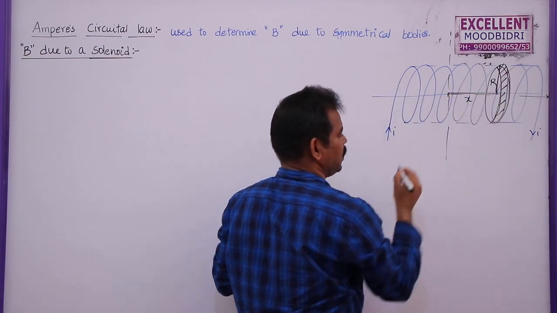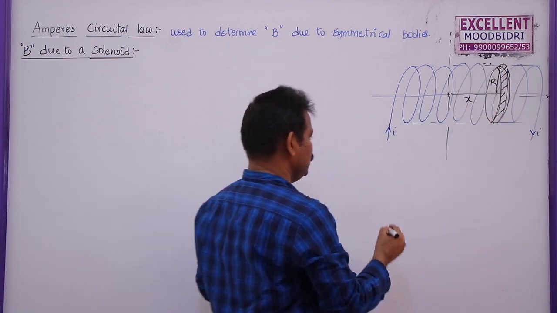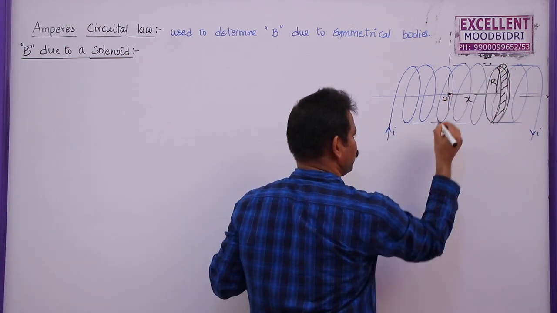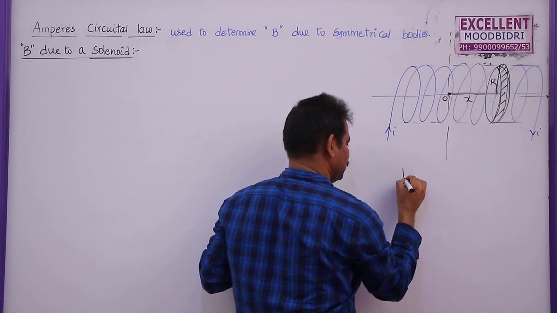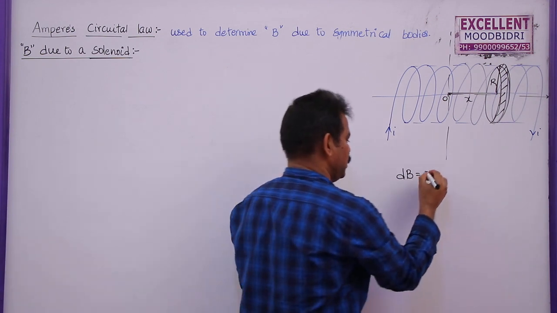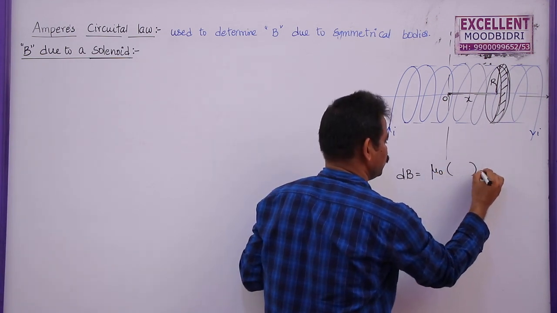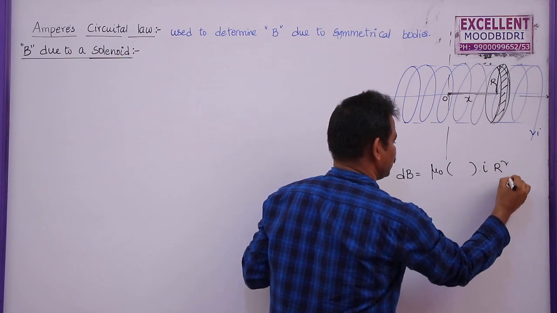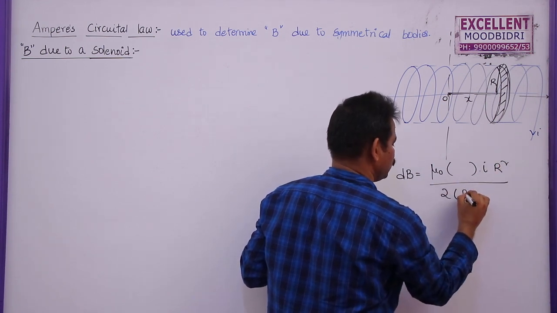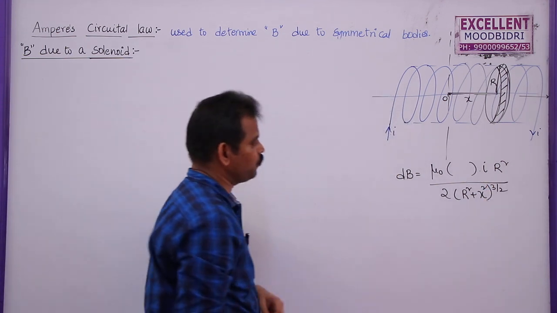So what is the magnetic field at this point due to the circular current carrying coil here? The magnetic field at point O due to the circular current carrying coil is given by the circular loop formula. This will be mu naught times the number of turns into I into R square by 2 into (R square plus x square) whole power 3 by 2.